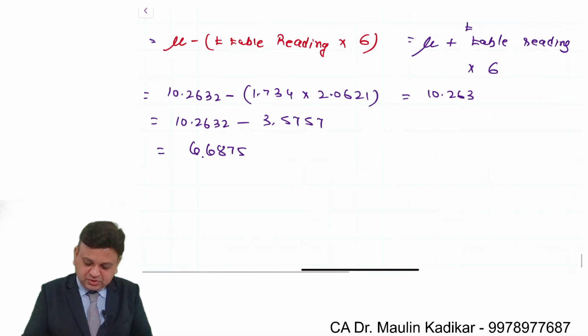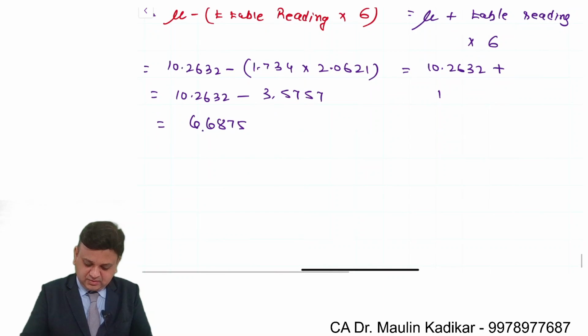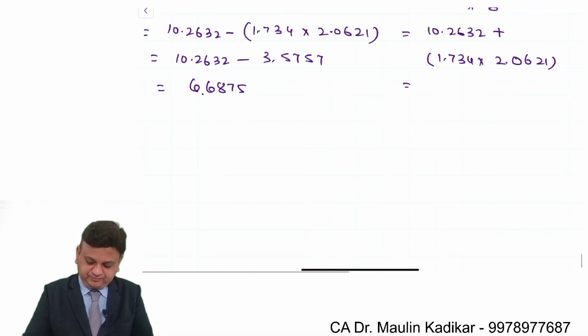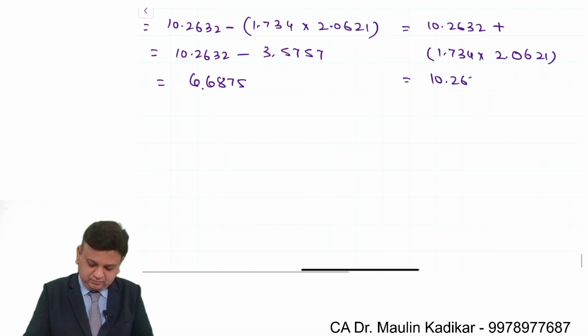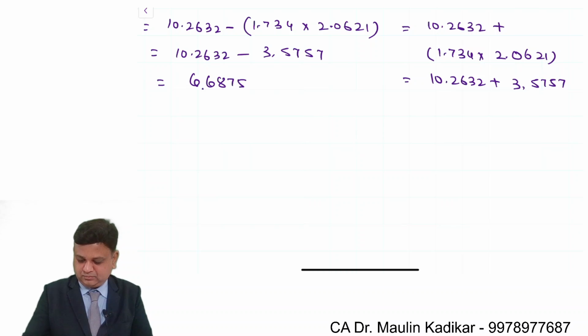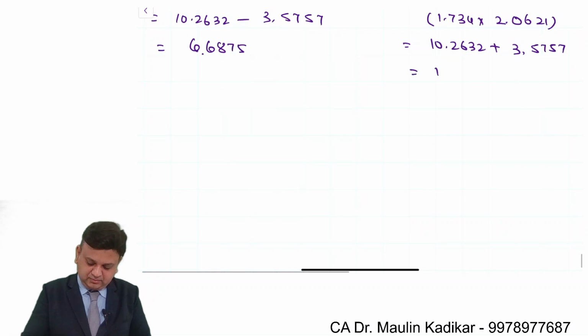Again 10.2632 plus 1.734 into 2.0621. So 13.8389.